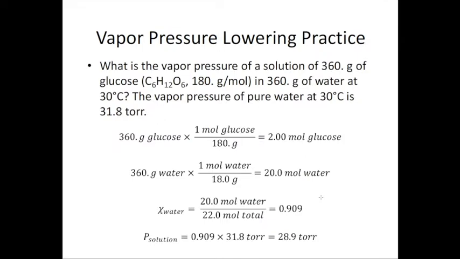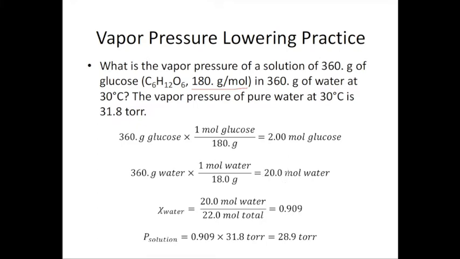Now we'll look at some calculation practice for this. So we have a problem here with glucose. We have 360 grams of glucose. The molar mass is 180 grams per mole, so we know that that's actually going to be 2 moles of glucose. We also have 360 grams of water, and we'll use the molar mass of water to calculate the total number of moles.